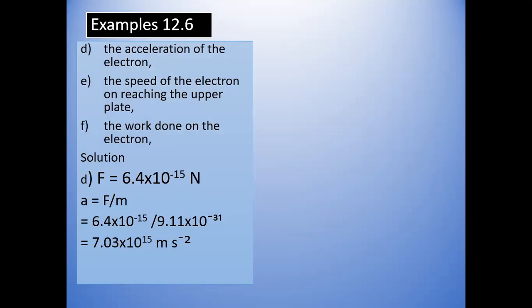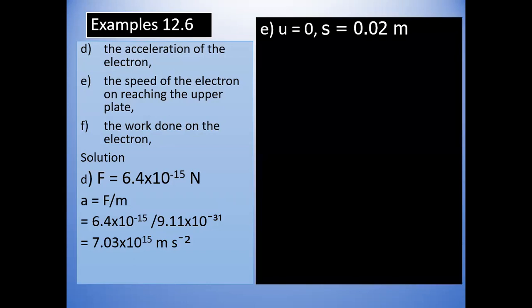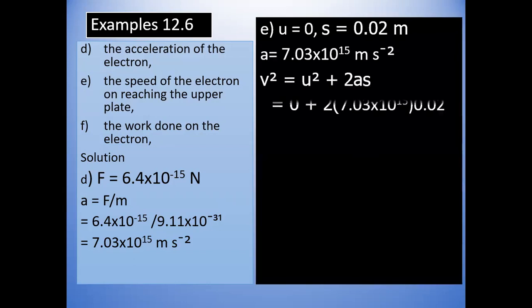We have the acceleration, we know the distance, so s and a we know, and v is unknown. u is 0, since it's at rest initially. So v squared equals u squared plus 2as. Put in your values and calculate.